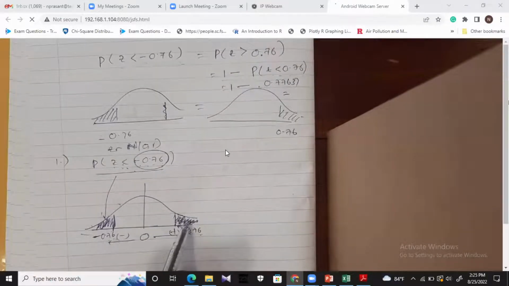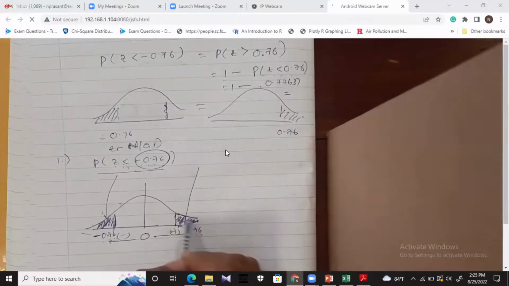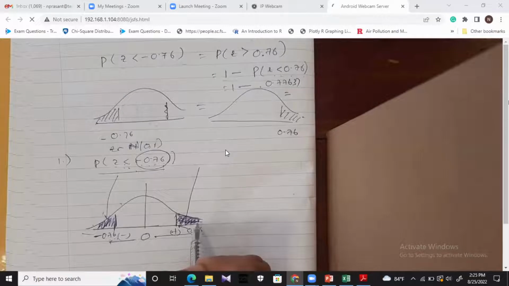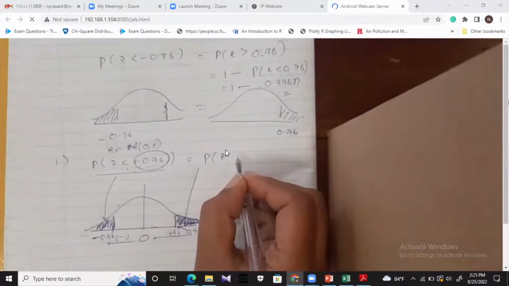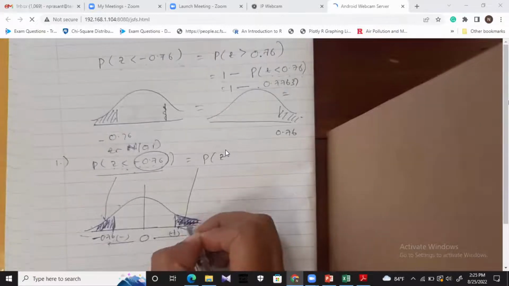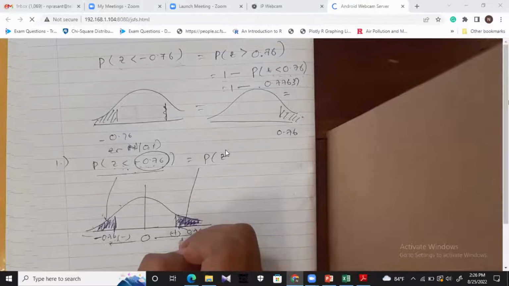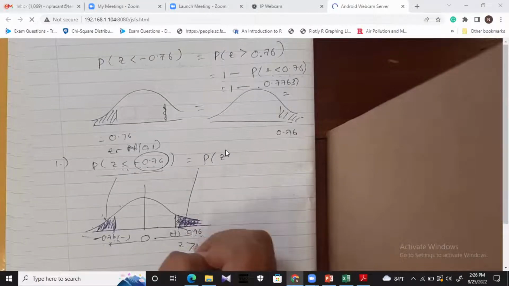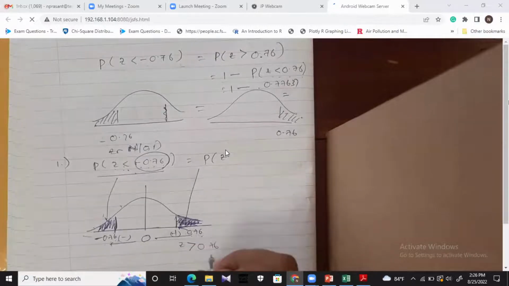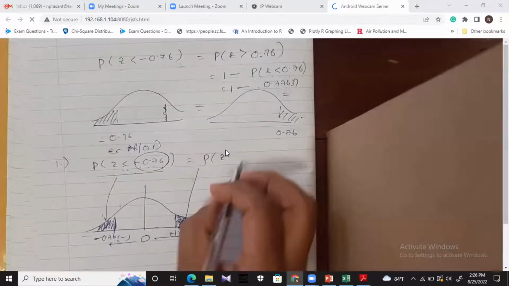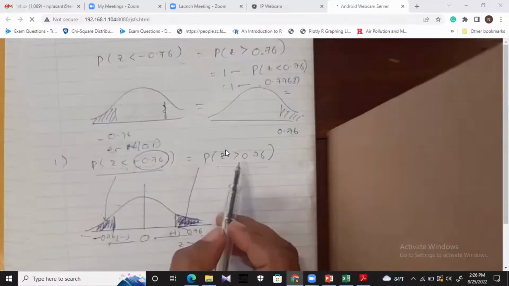Now you can write an inequality for the right-hand side region. That is equal to Z greater than, not less than, greater than 0.76. Clear? Now we want to find this probability. Still it is equal to this, okay?